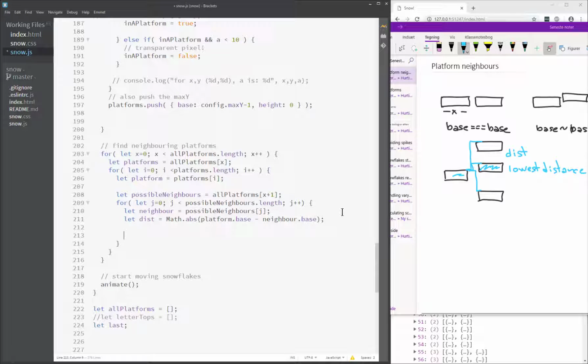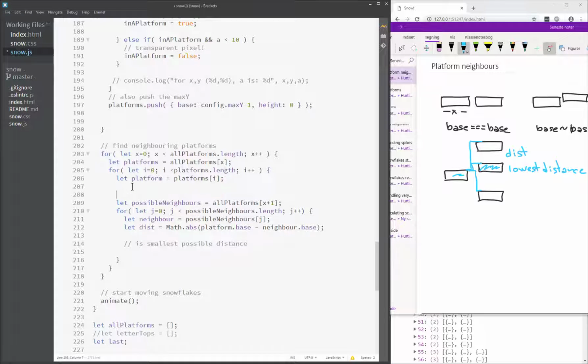I just need to figure out if this is the smallest possible distance. And I can do that if I start by, I need to remember the distance outside this loop. So let smallest distance be, what should it be? It should be a large number. I'm going to use this maximum integer.